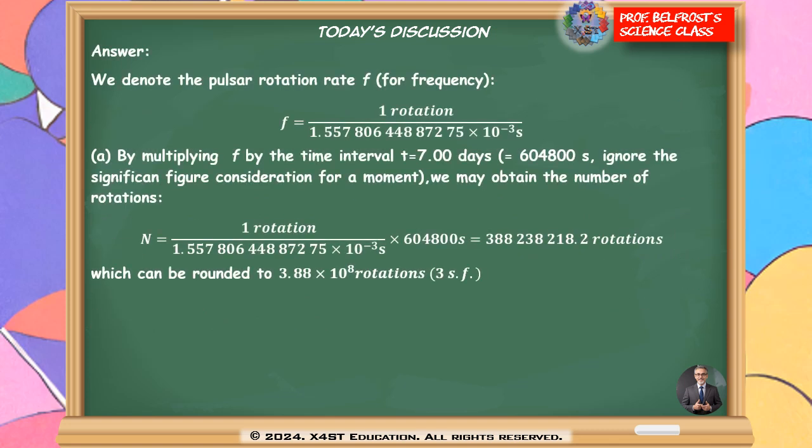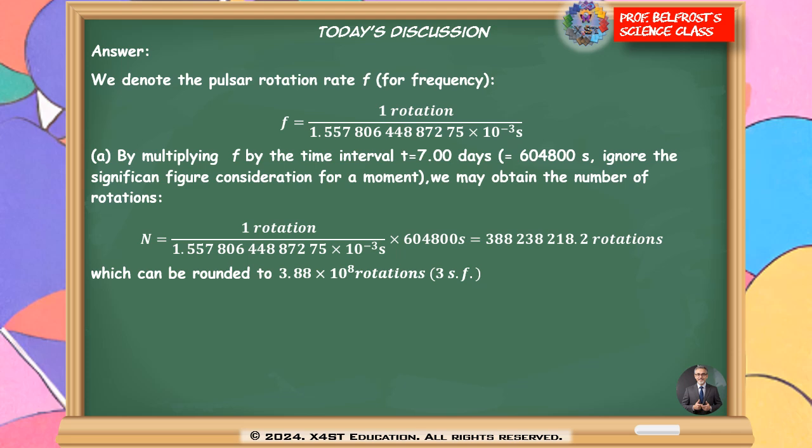Let us denote the pulsar rotation rate by F, which stands for frequency, and F is given as shown in the slide. By multiplying the frequency with the time interval given in the problem, 7.0 days, which equals 604,800 seconds, we ignore the significant figures for the moment to make it easier to work with this problem. We can then obtain the number of rotations as below.